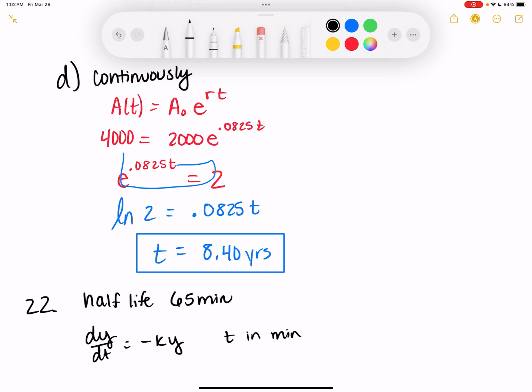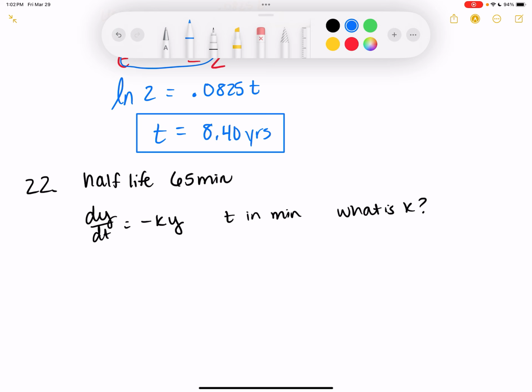And we want to know what k is. We got the half-life equation in your notes yesterday. That's the equation that says half-life is equal to ln of 2 over k.